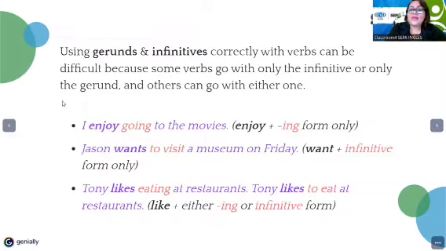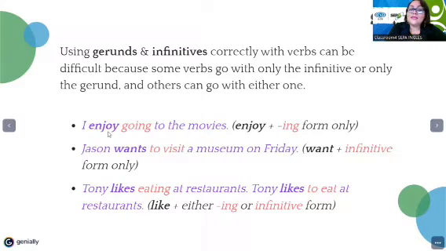Enjoy is a verb that expresses a feeling. I enjoy is my personal feeling. In this case, I'm going to use the second verb with ing only because I'm talking about feelings.